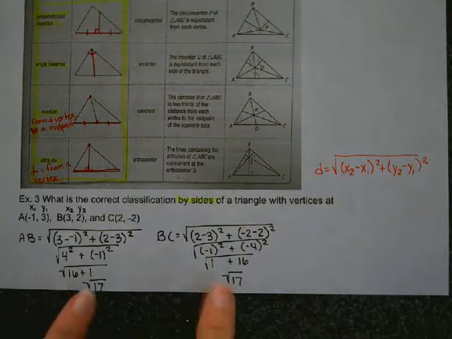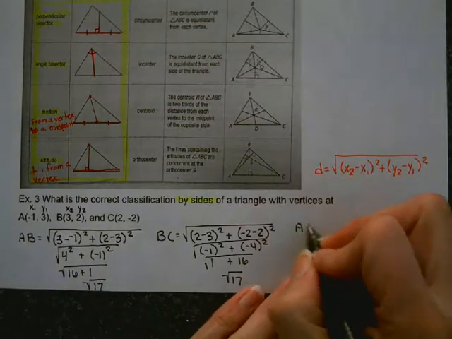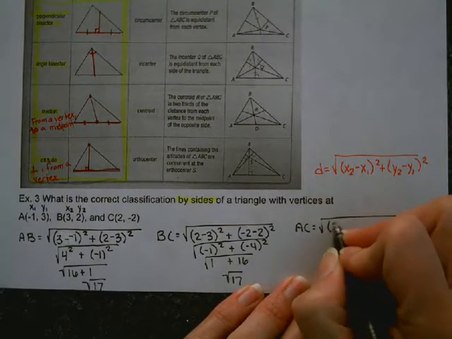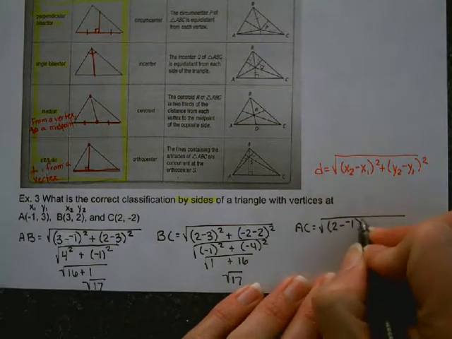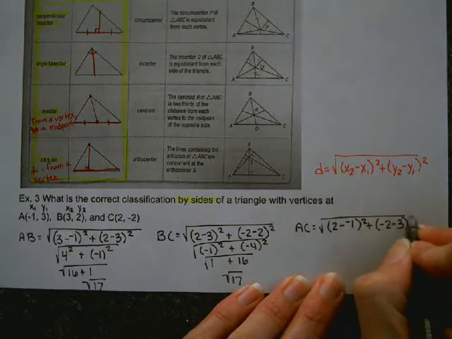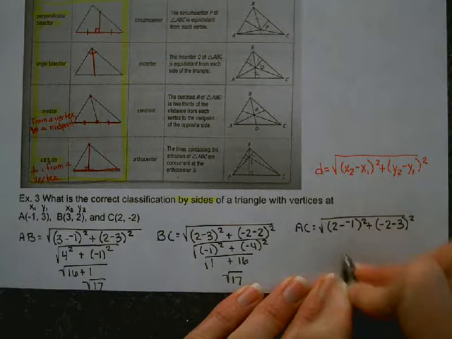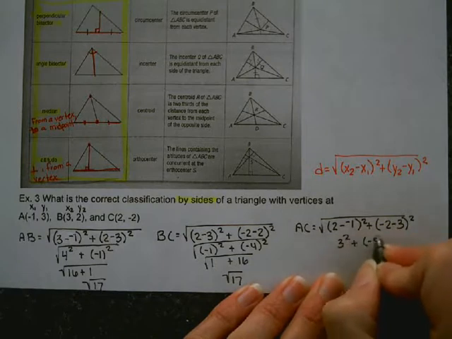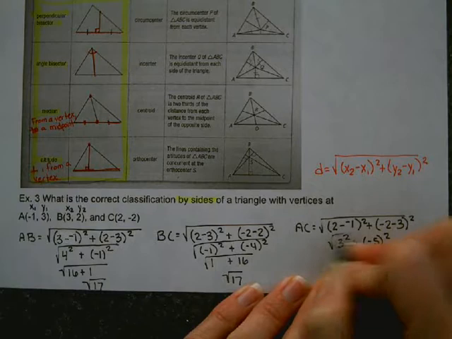Well, we know it's either going to be equilateral or isosceles because we have two of the equal sides already. So let's try the last one of AC. Cross line, change sign, so you get 3 squared plus negative 5 squared.